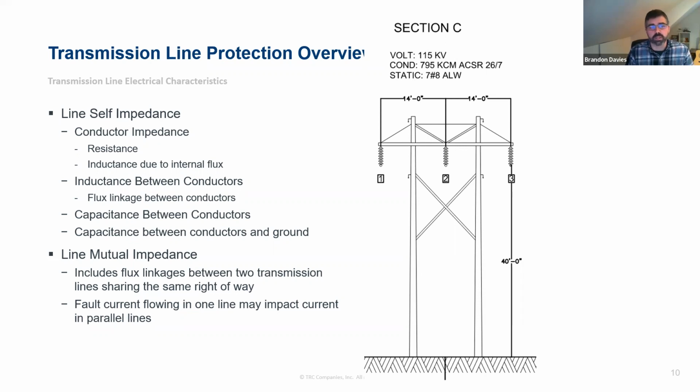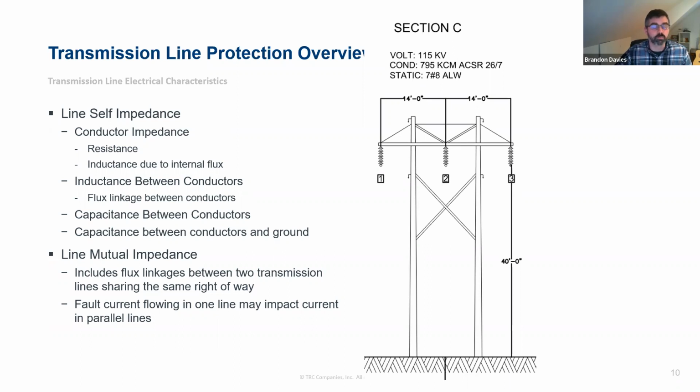So the next thing we can really take a look at from that is the electrical characteristics of the line. There's a couple things as protection engineers we're going to be concerned with, the transmission line impedance. Obviously we need to understand the transmission line impedance to do our fault analysis, because that'll drive our system modeling parameters that we enter into Aspen or some other modeling software.